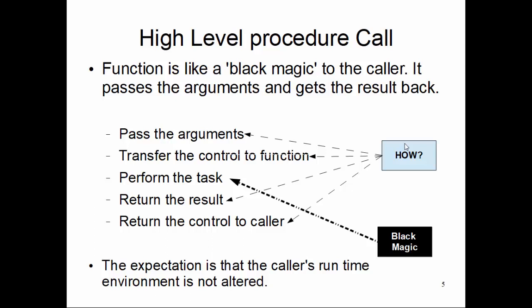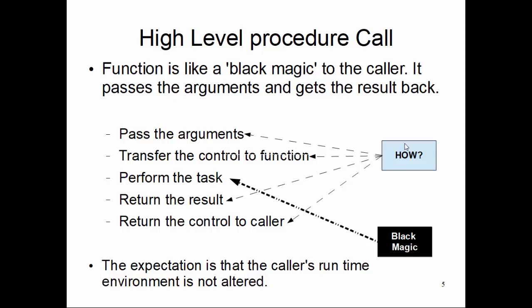Again, at the high level, this is kind of given, right? When you write a high level program, you don't even think that this function is going to change my variable from my caller side. From where I am calling, whatever variable I have stored, my function is not going to alter those values.